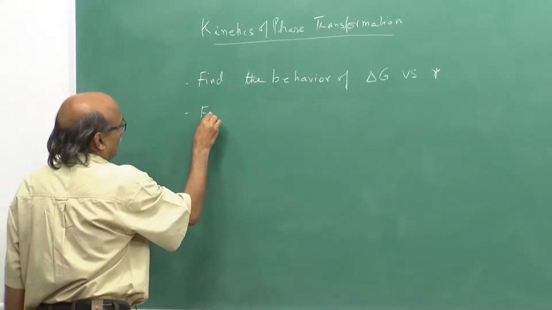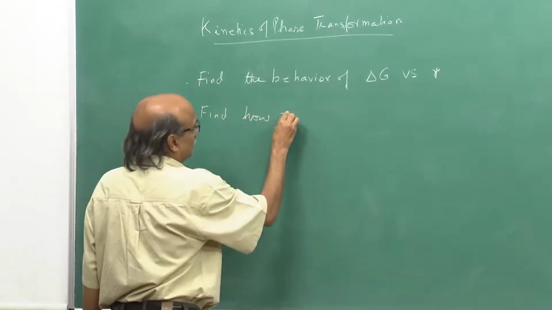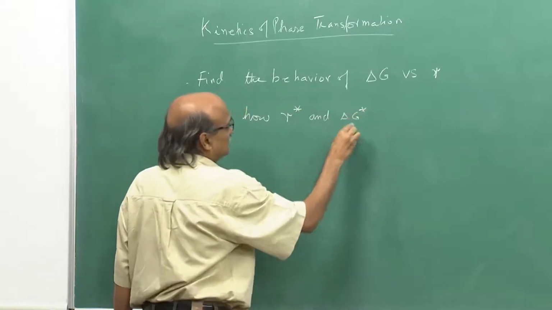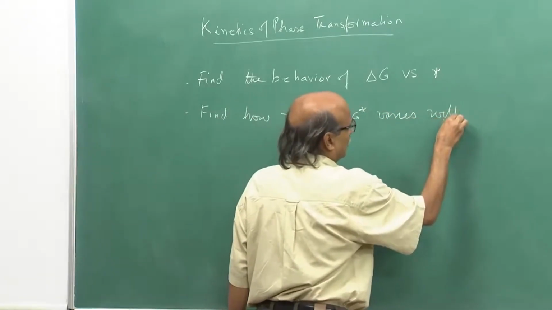We will also find how R star and delta G star vary with undercooling.